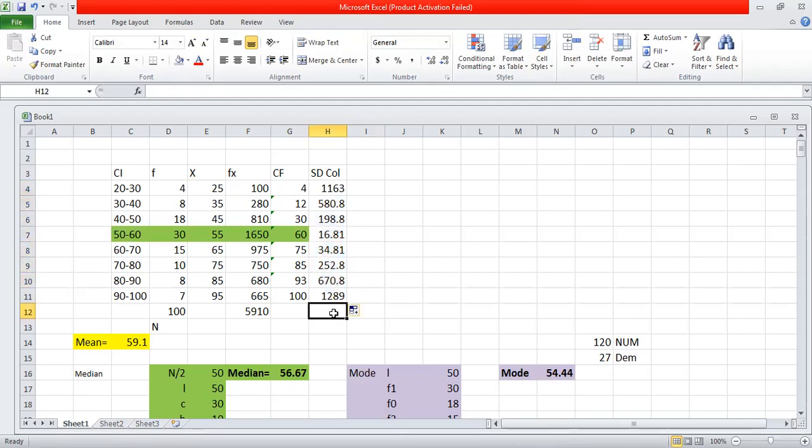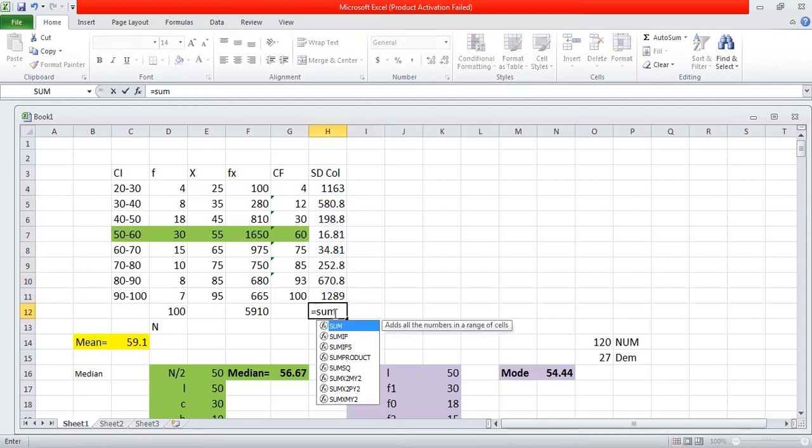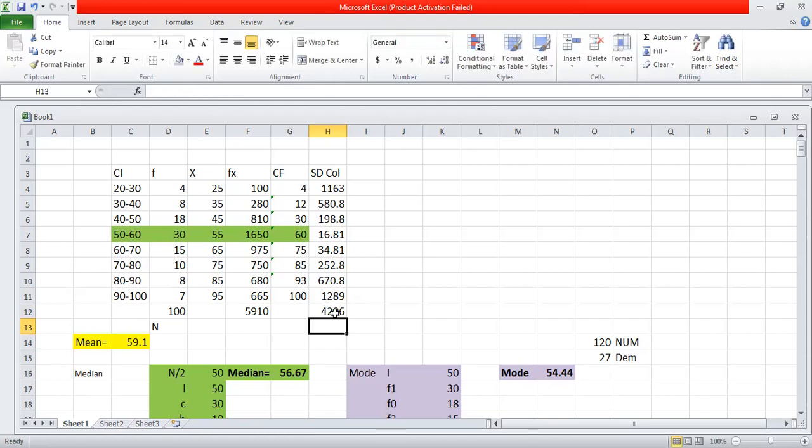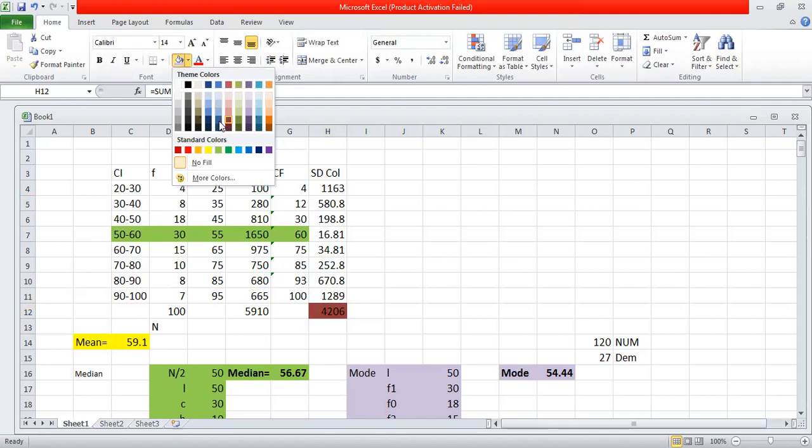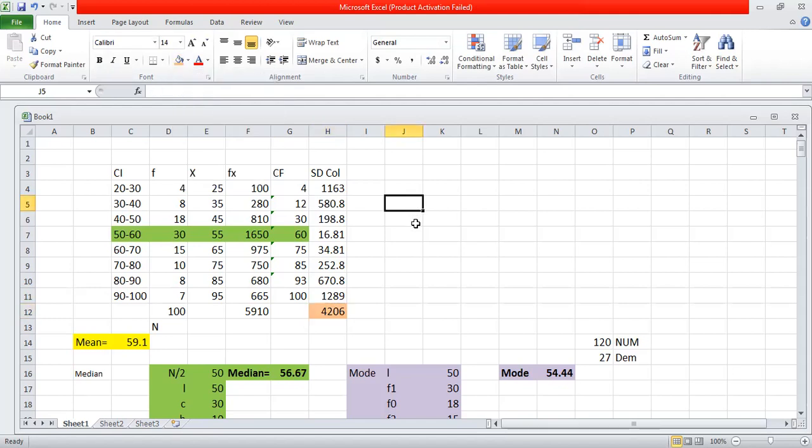Now find the sum of these values, which I am going to use for the standard deviation. So what is the standard deviation?